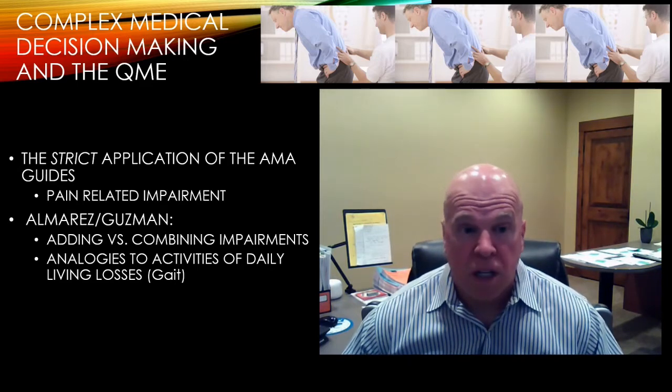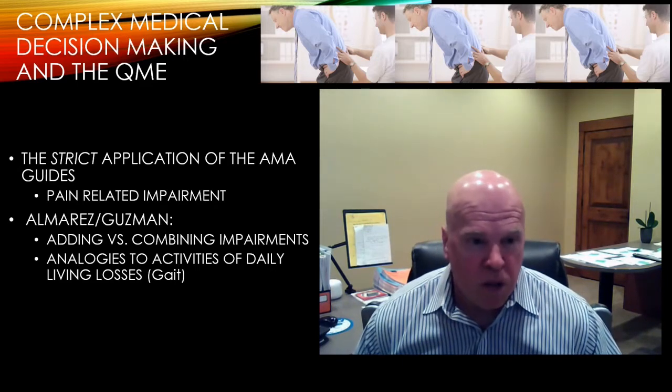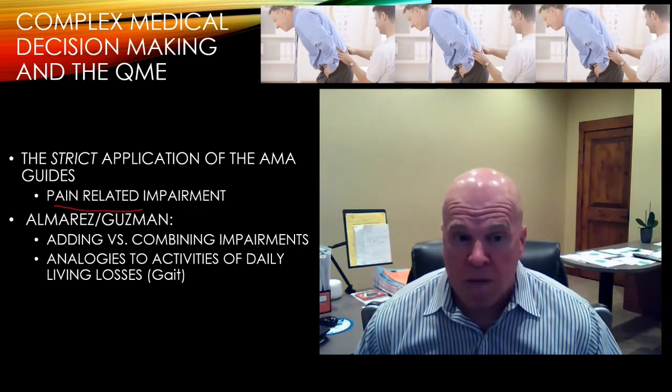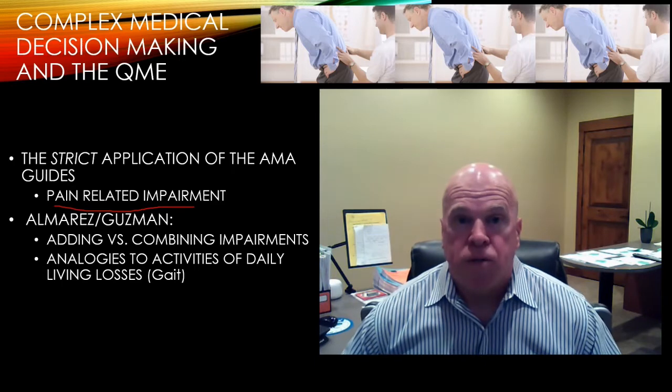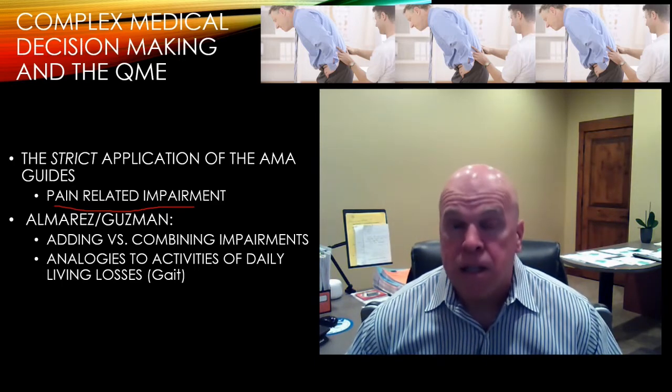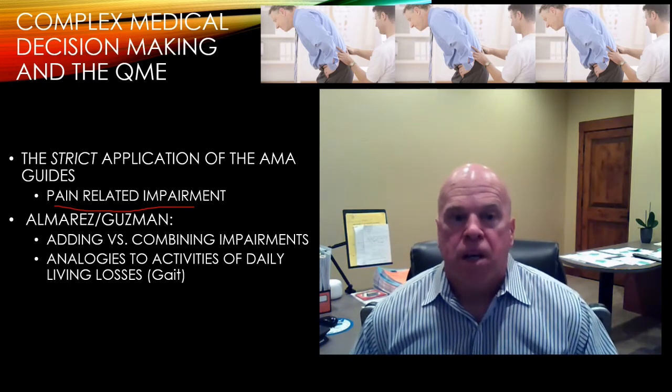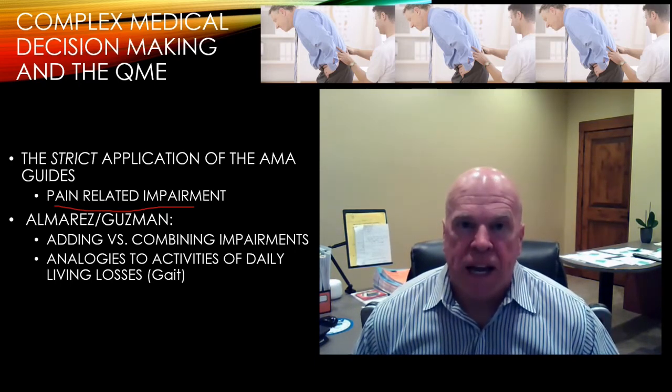So accuracy is key, and I want to share with you just a couple of examples to show you how qualified medical evaluators have used the pain add-on to accurately describe the examinee's impairment. That's under the strict application of the AMA guides.